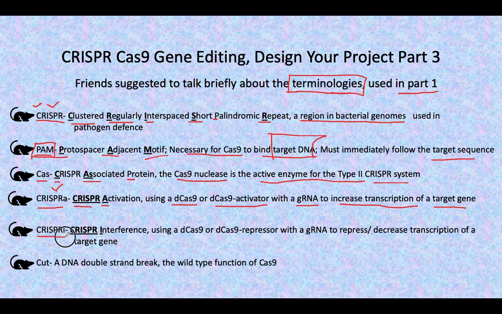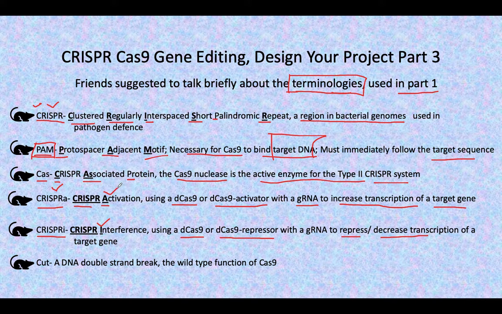Next is CRISPR-I. What is CRISPR-I? CRISPR-I is CRISPR interference, and this is totally opposite to CRISPR-A. In this case, dead Cas9 or dead Cas9 repressor is used for the purpose of repressing or decreasing the transcription of your target gene.